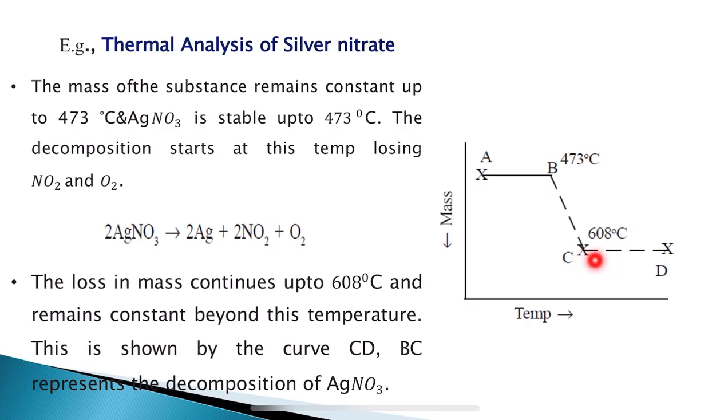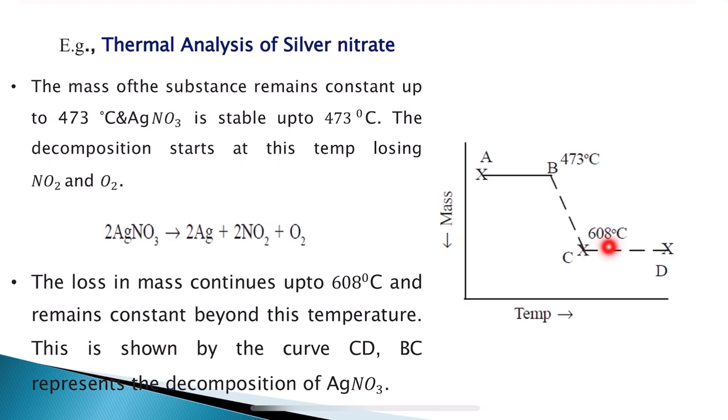Here we are not observing any increase or decrease, so that is why the mass is going to be constant. And the decomposition of silver nitrate is between 473 degree centigrade and 608 degree centigrade. Therefore, the decomposition is complete at 608 degree centigrade.